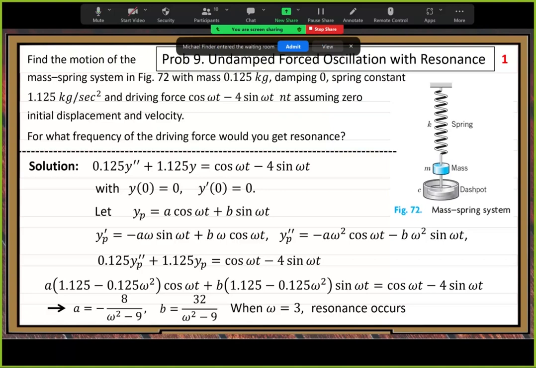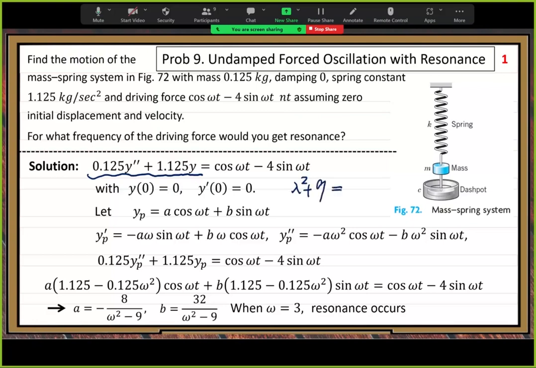Because here, the characteristic equation from this part. If we only look at the homogeneous part, after simplification, multiply by 8. What would you get? Lambda squared plus 9 equals 0.